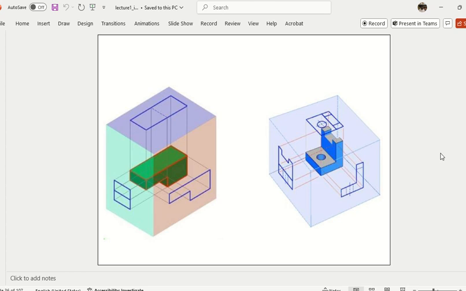So for example, you see this 3D image over here. If I look from this side, I will see the shape like this. If I look from the front side, I'll see this box and this box, right? So you'll see these two boxes here.